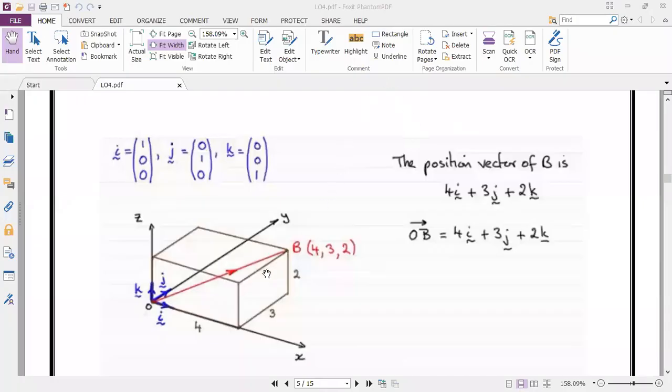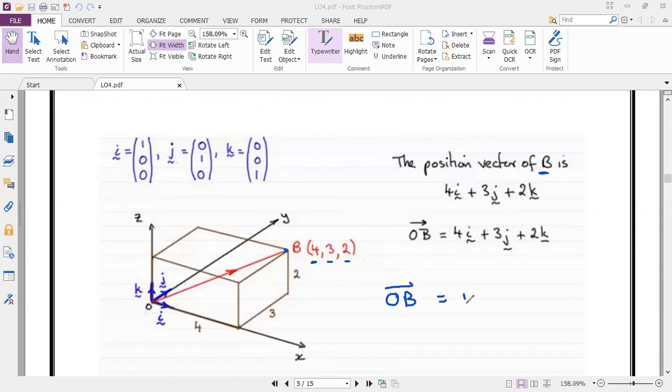If we look at this key point here, and as you know, the unit vector i is 1, 0, and 0, and the unit vector j is 0, 1, and 0, and the unit vector k is 0, 0, and 1. What is the position vector of B? If we look at B here, we have 4, 3, and 2. So we write it as OB. Do you know?